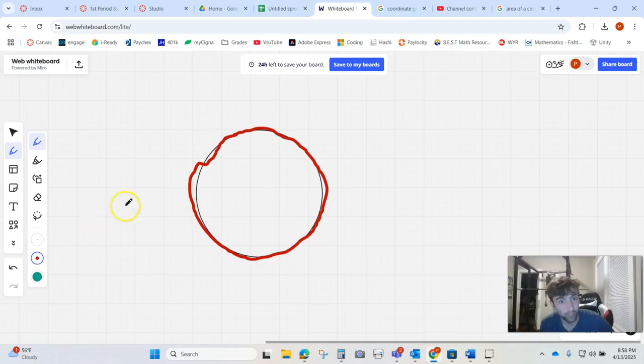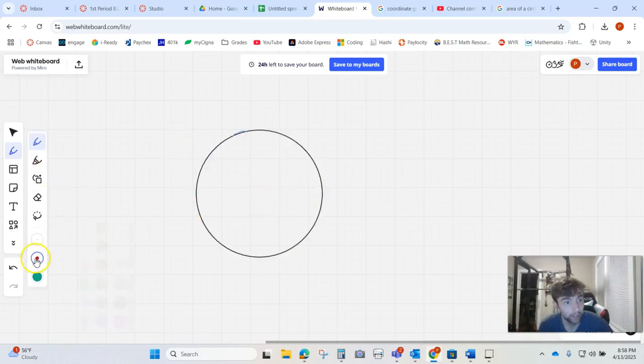What is area? So we know what circumference means, but what do you think the word area means? Nice job. The word circumference means around the outside. How long is the outside of the shape?